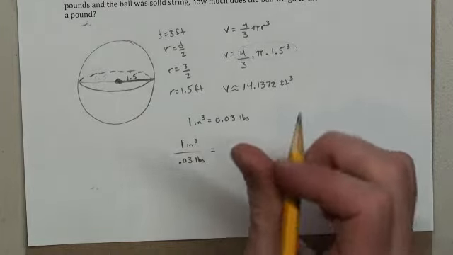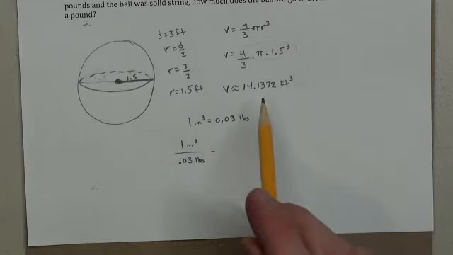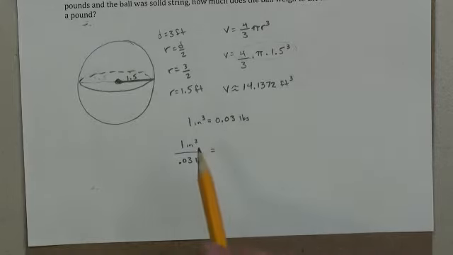How do I want to go about this the easiest way? We want to convert either the volume into inches or this ratio into feet.